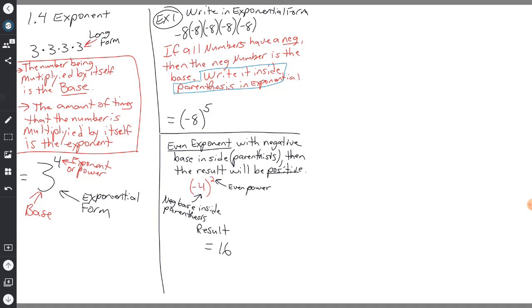You should learn how to use your calculator for problems that involve exponents, because if you get a problem like this, for example, it's going to give you a very large number. If you're multiplying it out by hand, then you will have to do -8 times -8 times -8, and it's going to give you a large number.